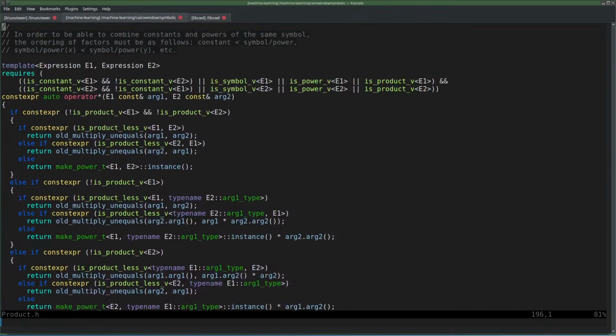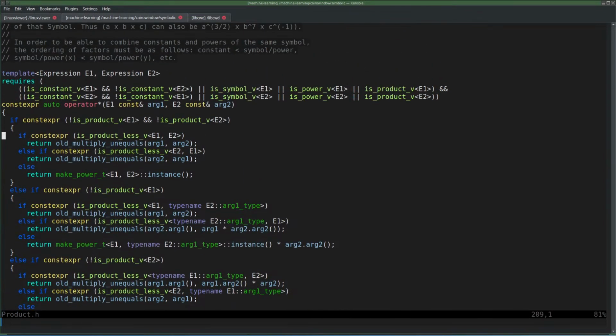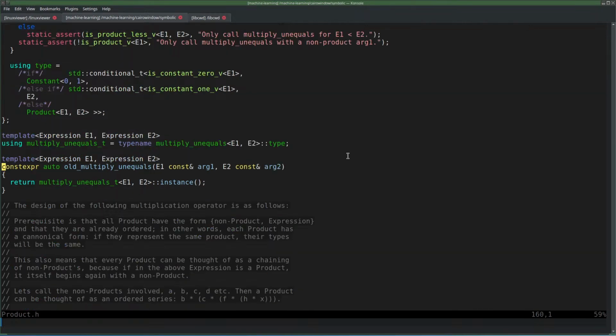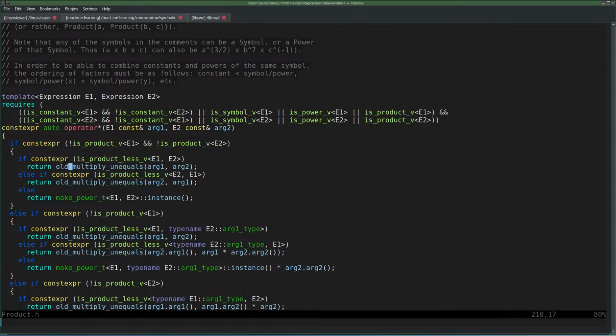Now okay, let's do alt multiply unequals as well. That one is also implemented already in terms of types. So this one becomes underscore T. Type of arg1 is E1. Type of arg2 is E2. And now we have a type, but we need an instance. That one line is correct.